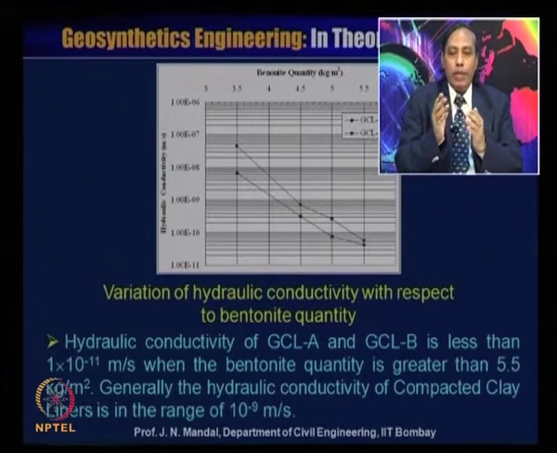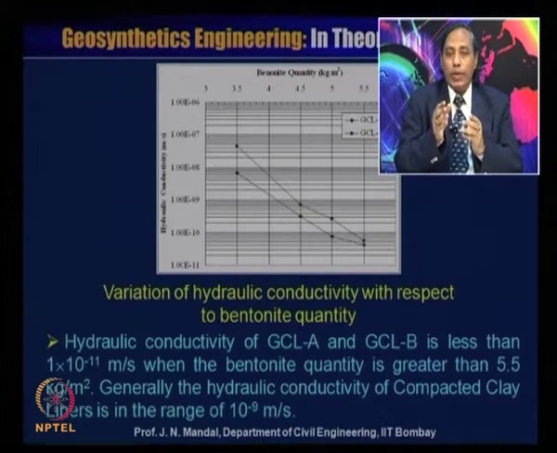But alternative to the compacted clay liner, if we use the geosynthetic clay liner, whose coefficient of permeability or hydraulic conductivity is about 1 into 10 to the power minus 11 meter per second.